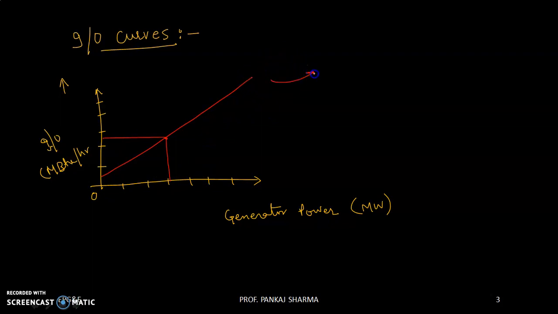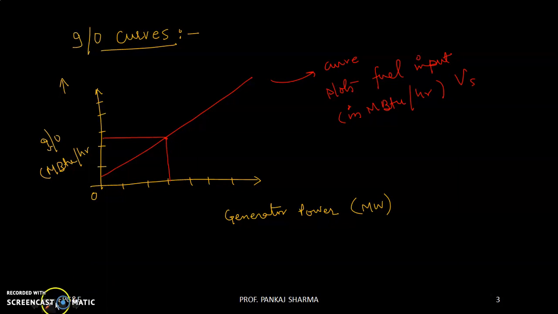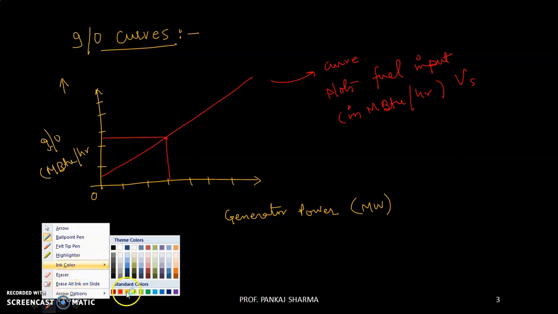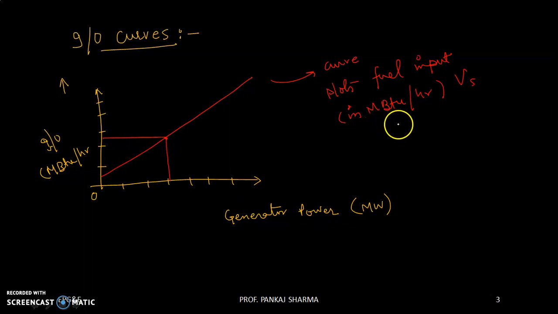This curve plots fuel input in mega BTU per hour versus net megawatt output.